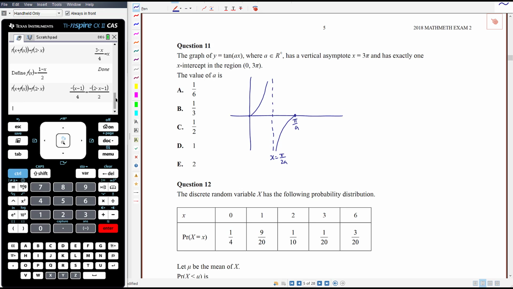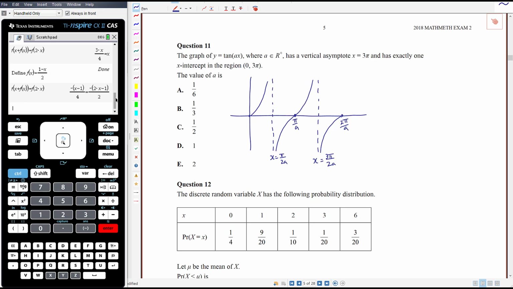Okay, and then obviously there would be another asymptote and another intercept at, what will that be? 2 lots of pi on a, and so let me think about that, 3/4 of that, so it's going to be x equals 3 pi on 2a. And then the graph continues.